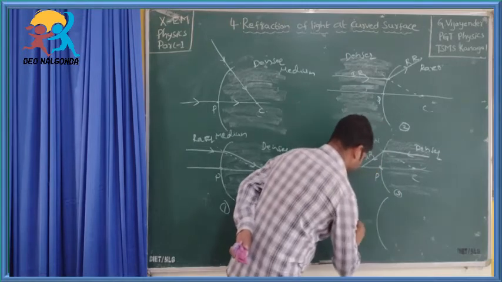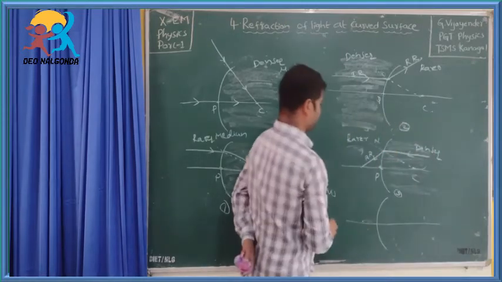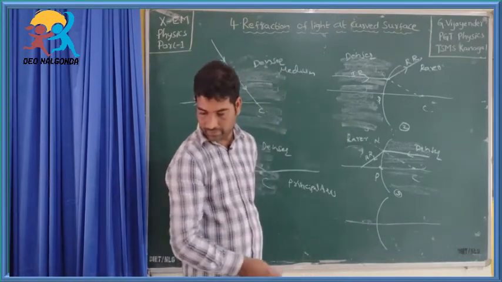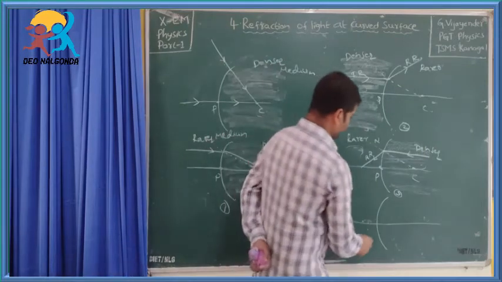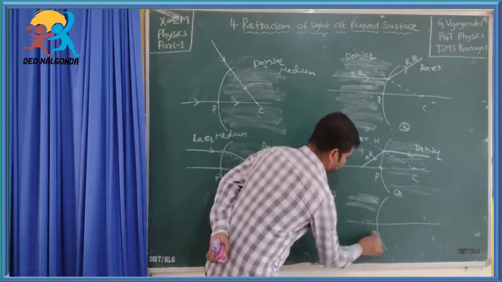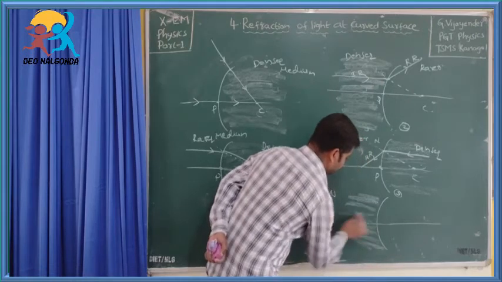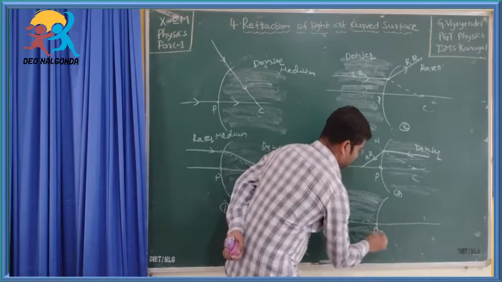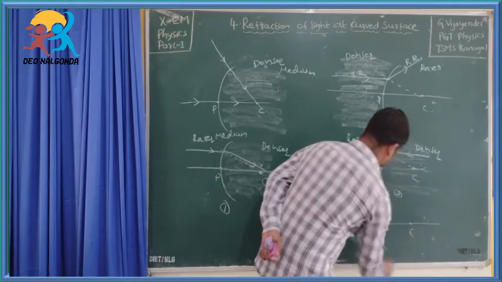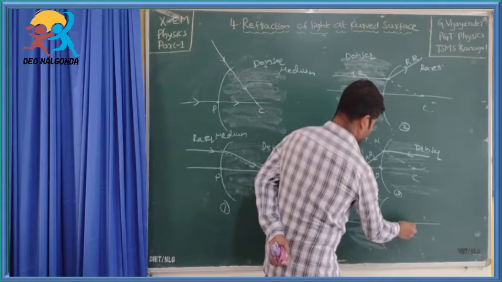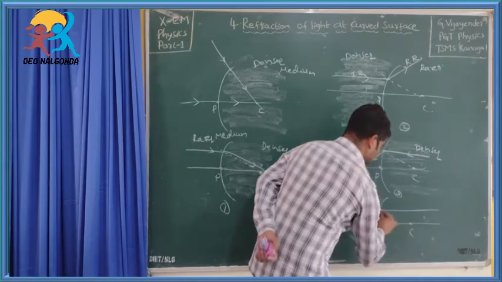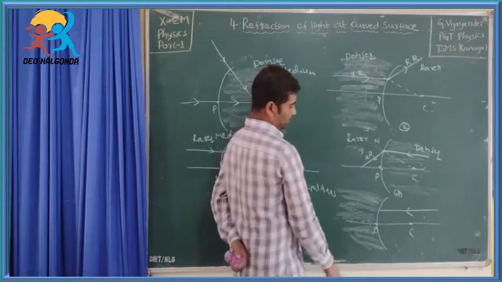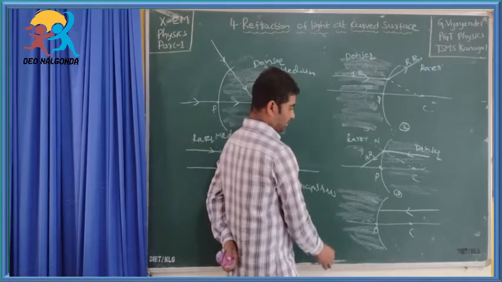In figure 4, the light ray is traveling from rarer medium to denser medium. This is the denser medium. Pole P, center C, principal axis. The light ray is traveling parallel to the principal axis and is incident at a concave surface.